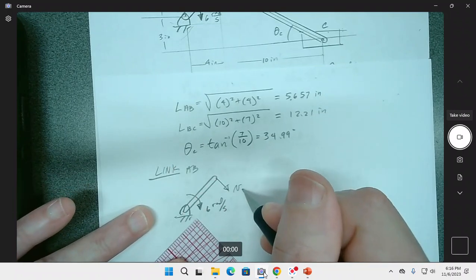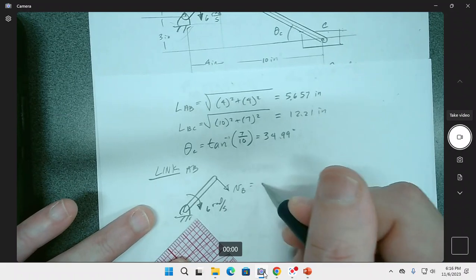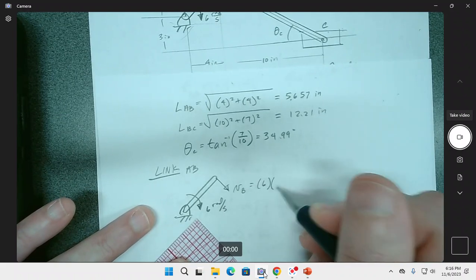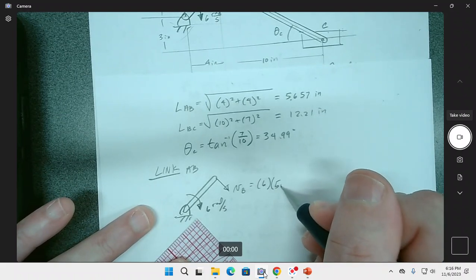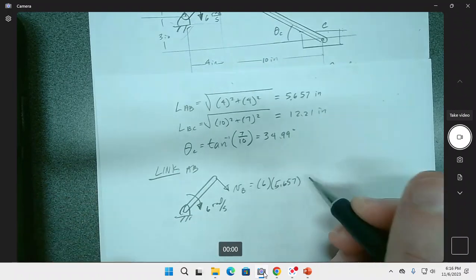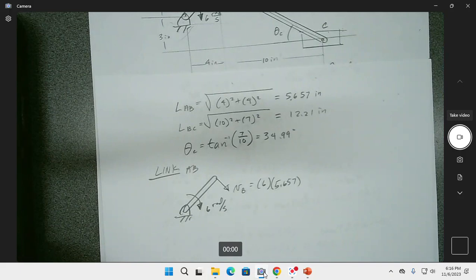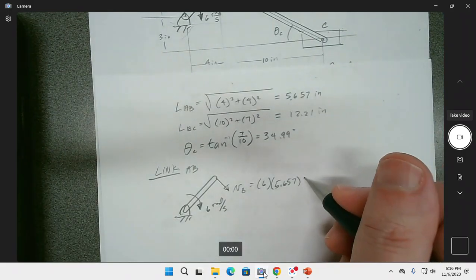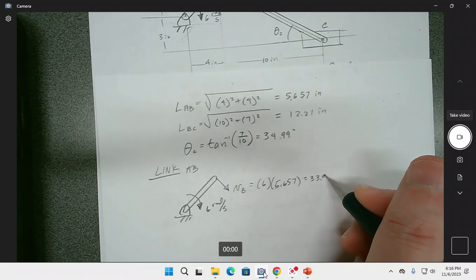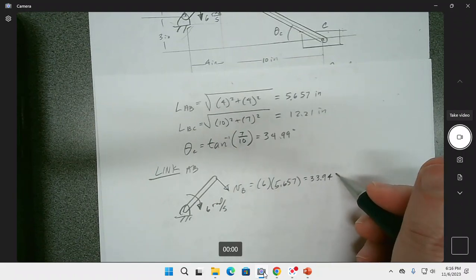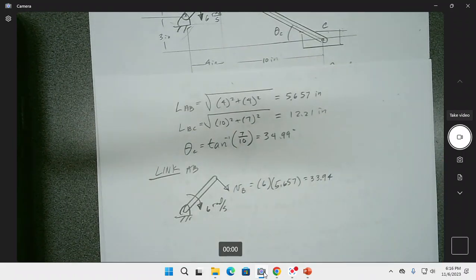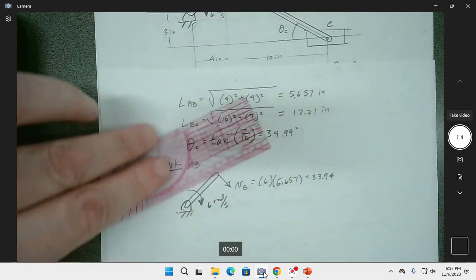So here's our VB equals 6 times 5.657. 5.657 times 6. Boom. We have 33.94. And we don't need any more of that.